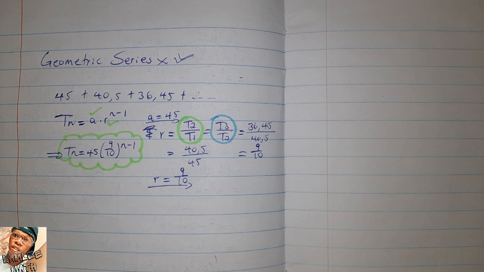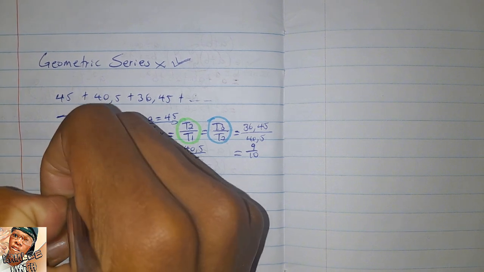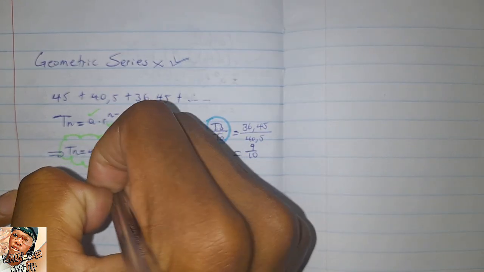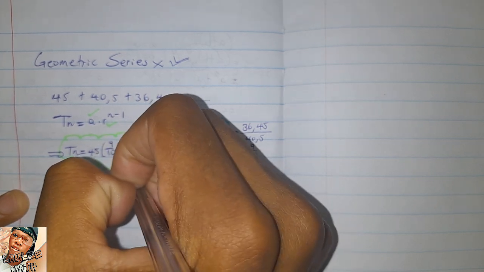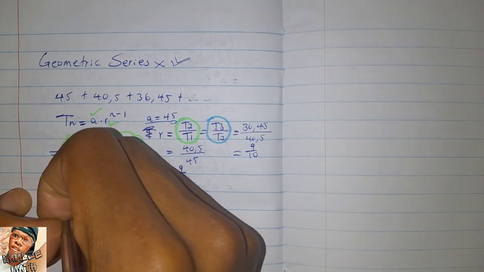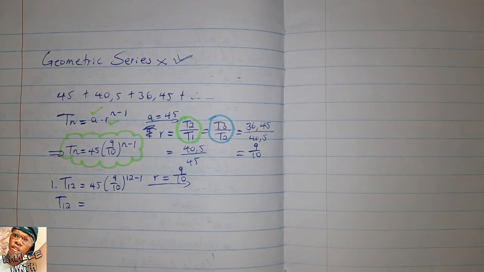To calculate T12, where we see n, we put 12. So 45 multiplied by 9 over 10 to the power 12 minus 1. So T12 is equal to, and then we press the calculator and find out what T12 is.